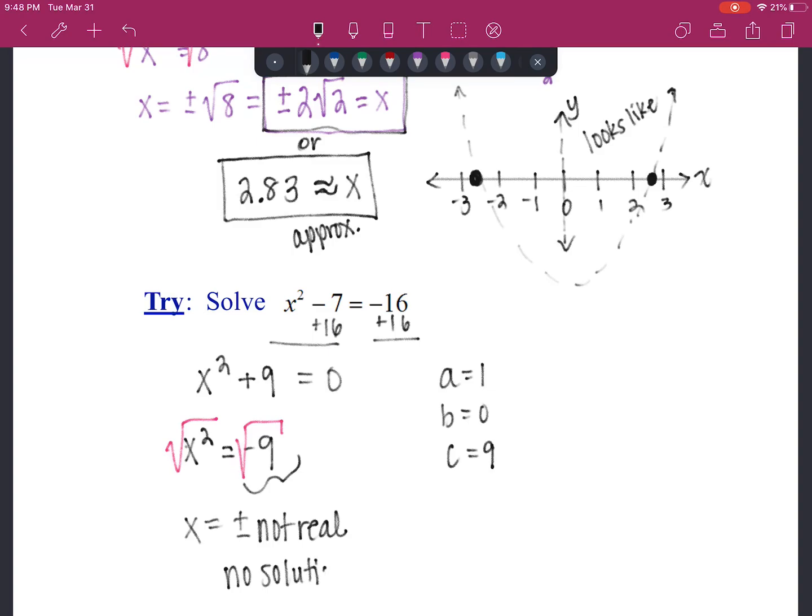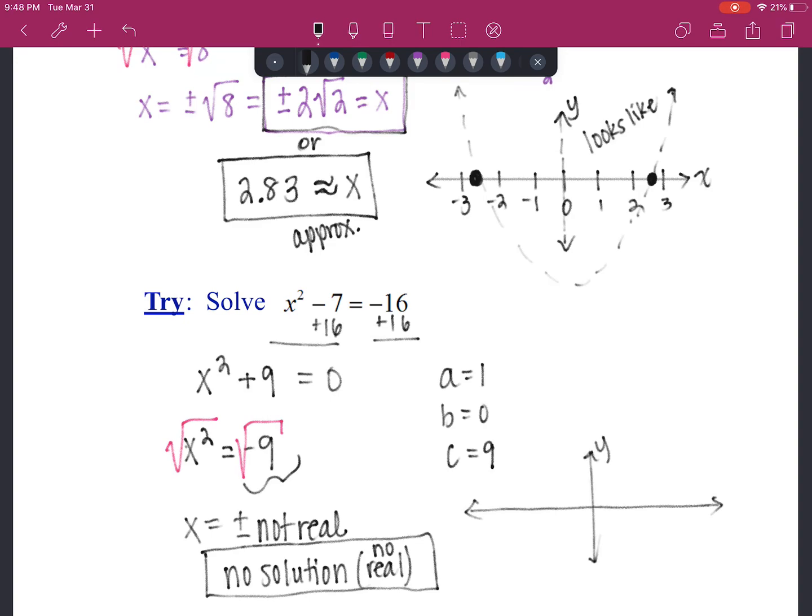That means that there is no solution. And we're going to say no real solution. No real solution. In Algebra 2, you'll learn about imaginary solutions. So if there's no real solution, that means on my graph, I don't have any x-intercepts to plot.